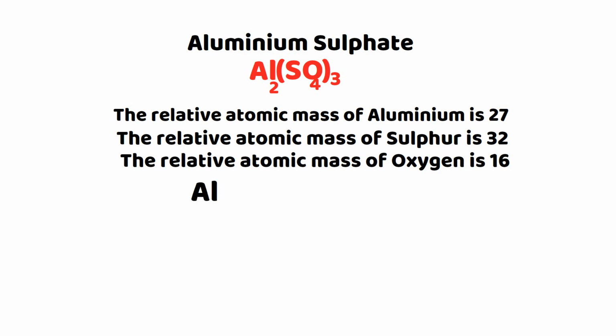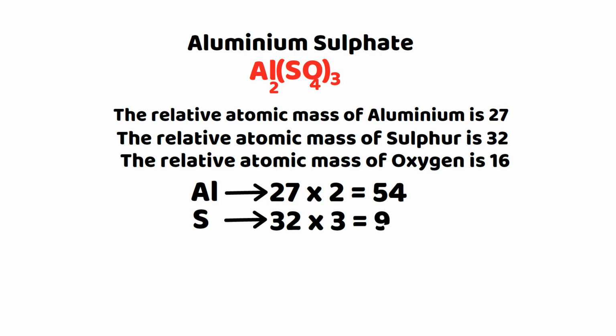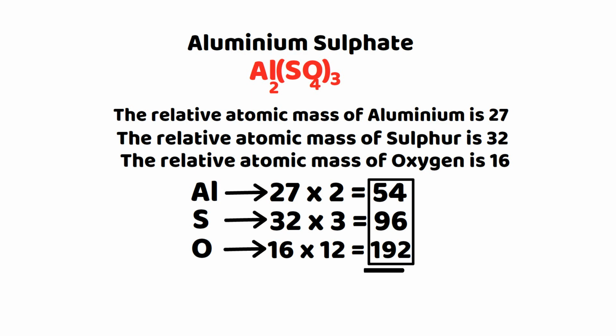Now for aluminium we write 27 into 2 is equal to 54. For sulfur we write 32 into 3 is equal to 96, and for oxygen we write 16 into 12 is equal to 192. Now if we add these three numbers, we get 342, that is the relative formula mass of aluminium sulfate.